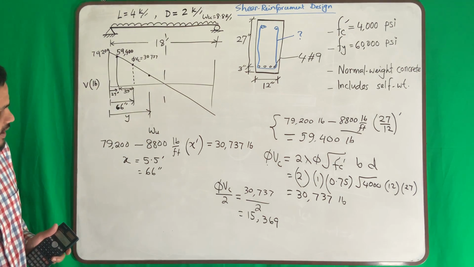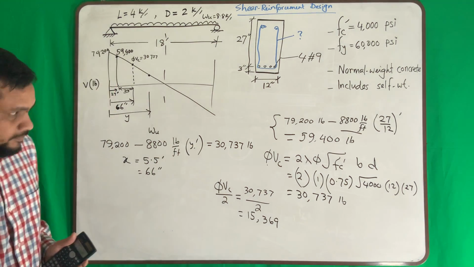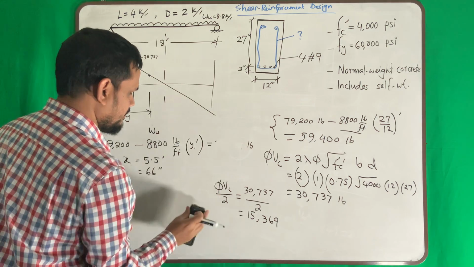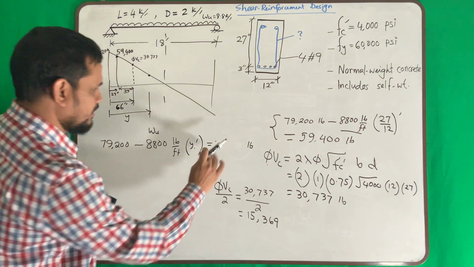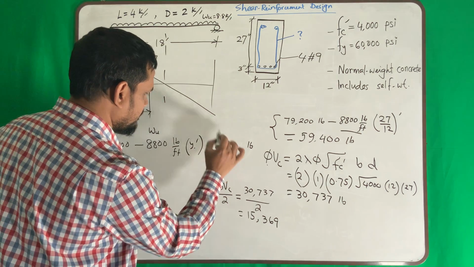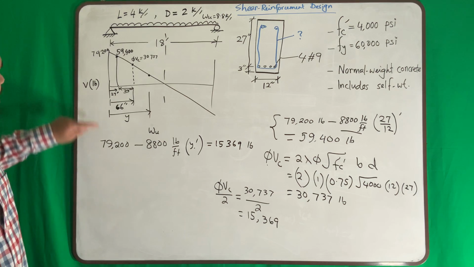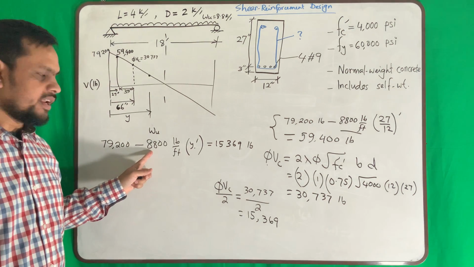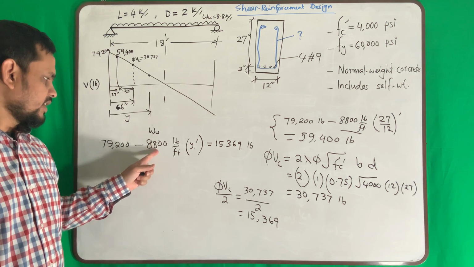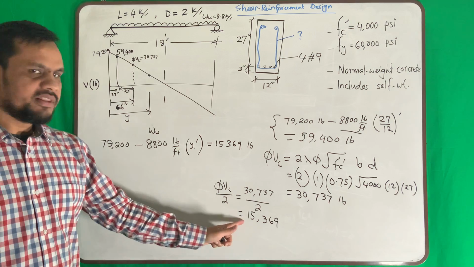I will write here y, then 15,369. That means my initial value was 79,200. It is decreasing 8,800 pound per feet. After traveling y feet, my value is this.